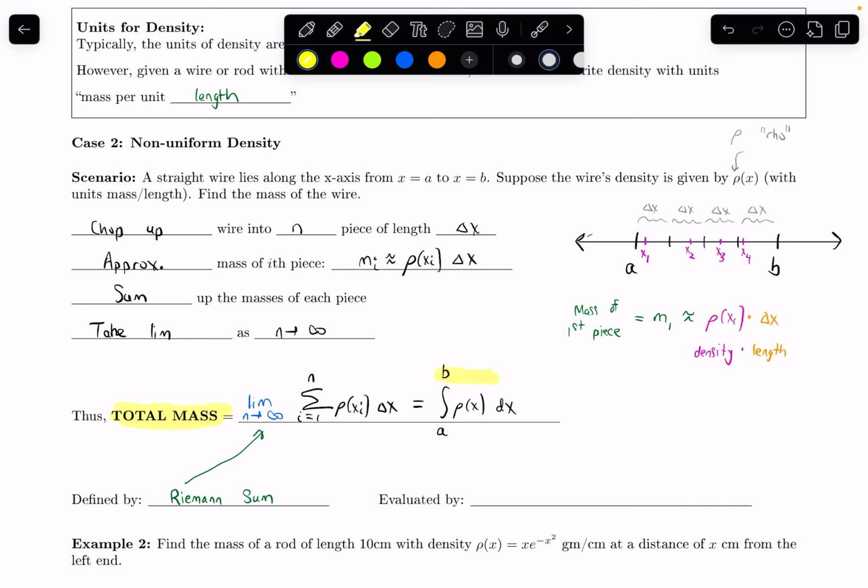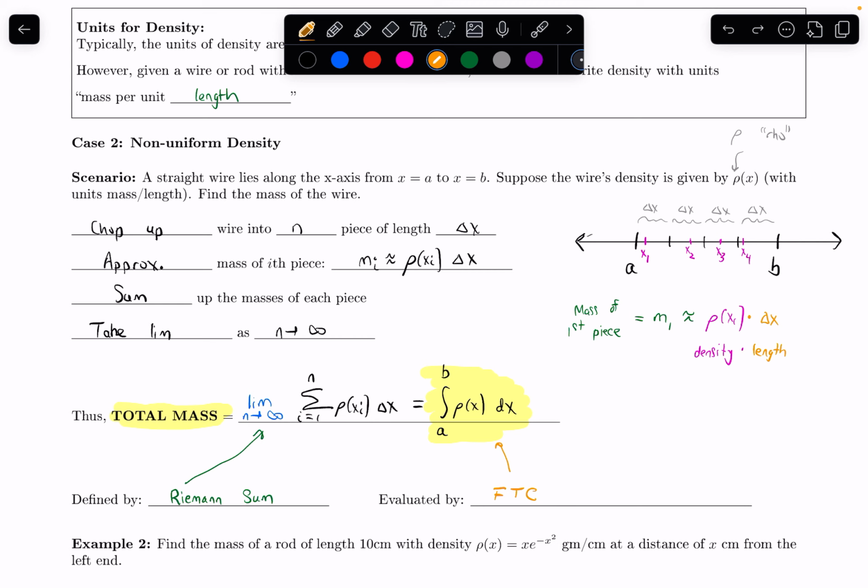If I want to calculate the total mass, I just calculate this definite integral of my density function. To evaluate it, we use antiderivatives and then plug in, which means the fundamental theorem of calculus. So we have just derived a formula for the total mass, using a limit of Riemann sums to get this definite integral.